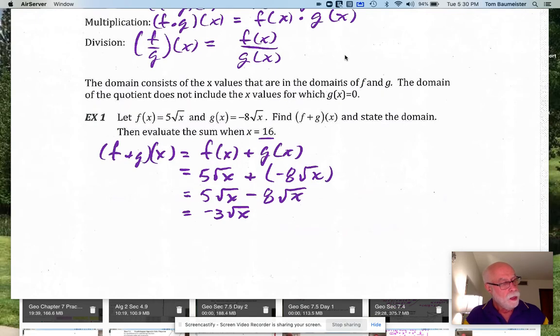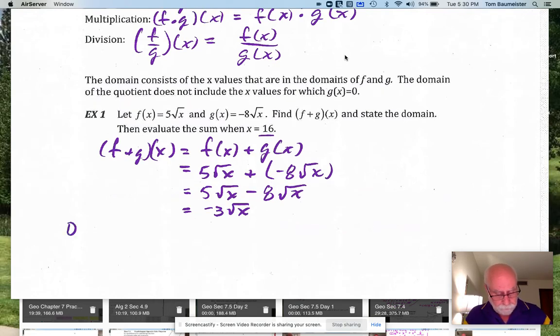Okay, so our domain of f of x is, again, all real numbers, or actually from 0 to positive infinity, not all real numbers, because we can't have a negative under the radical sign.